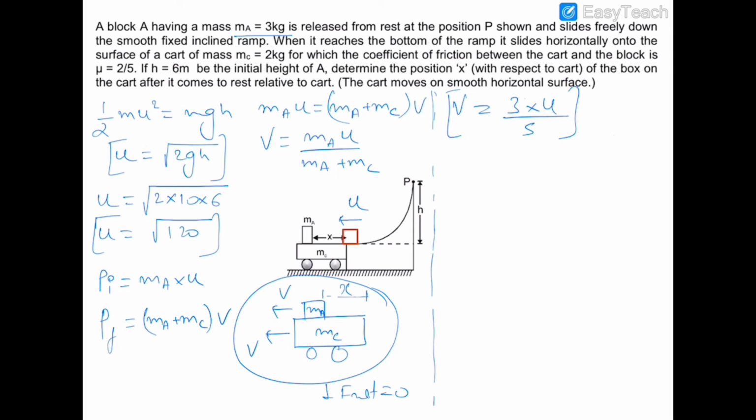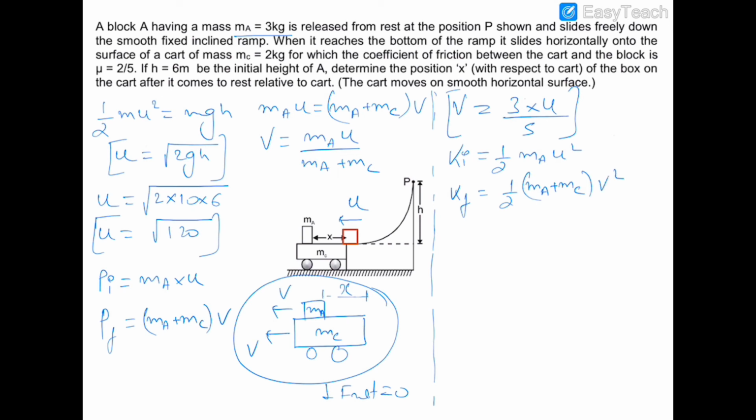Now we know that when this block slides on this cart, some energy would be dissipated in work done against friction. The initial kinetic energy of the system was the kinetic energy of the block, which is half ma into u square, and the final kinetic energy of the system is half ma plus mc into v square.